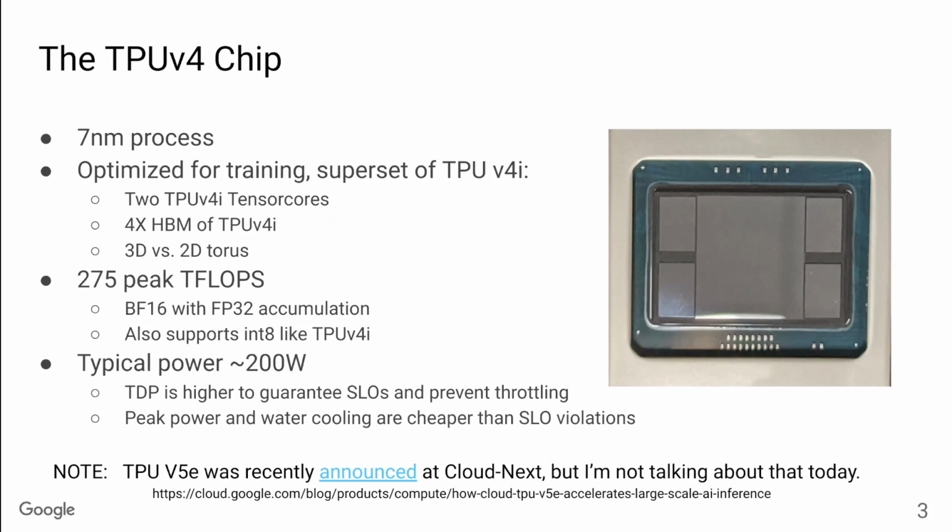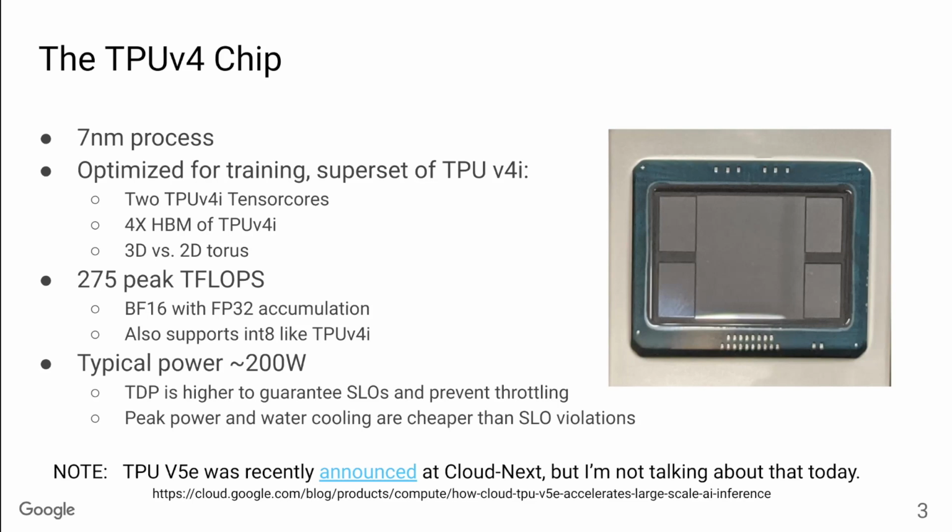The TPU V4 is primarily optimized for training. There's a companion chip, the TPU V4i, which is a single-core device aimed at inference. The training chip has 2 tensor cores, 4 HBMs, and it's connected in a 3D torus. And one of the things I'm going to spend a fair bit of time on is talking about the interconnection network. So there'll be some slides on that later.